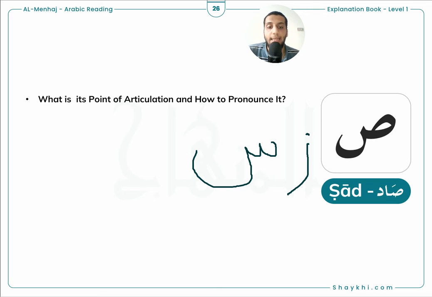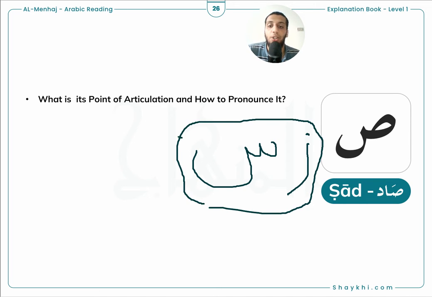So when we explained letter Sin and Zay, we said the same point of articulation and the same way of pronouncing these 2 letters, and we said the difference is the vibration of the vocal cords, or what's called in English the voiced and the voiceless.